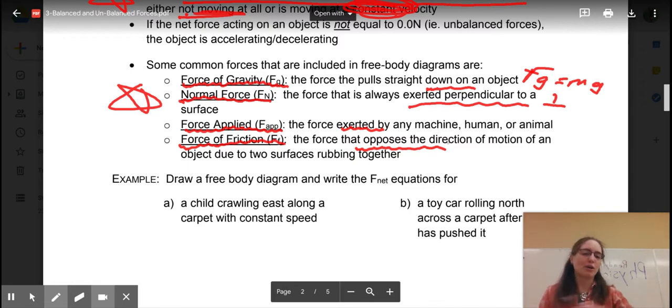When you're driving your car, the friction is between your vehicle and the road, the friction of two surfaces moving against each other. If it's in the air, that's air resistance, which is another type of friction. We're not dealing with air resistance in Physics 20. That's something you will see in future years of physics. For now, we're going to focus on the friction between two surfaces as they rub together.